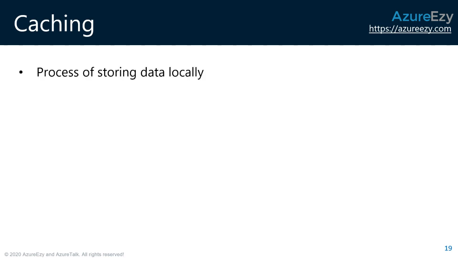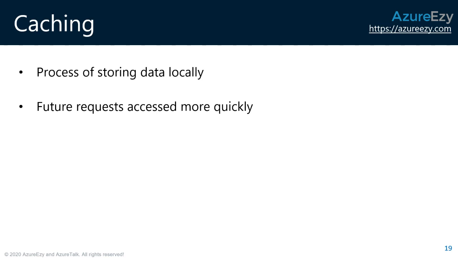For example, from a browser, you have opened some website that has cached some static content for that website. Now what will happen in that case? Next time onward, when you open that website or that application again, your future access to that application will be much faster, much quicker comparatively.